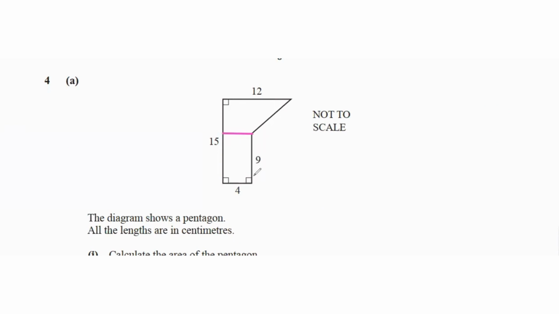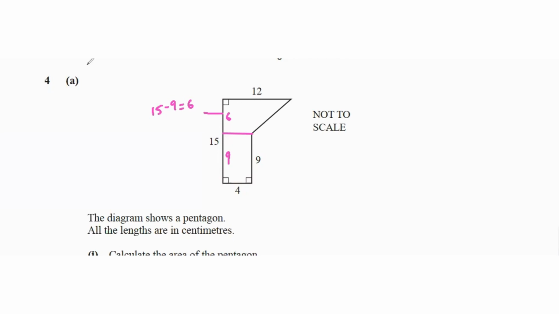If this entire thing is 9, this would also be 9. And 15 minus 9 will give us 6. So this part is 6. We don't know this slant height.